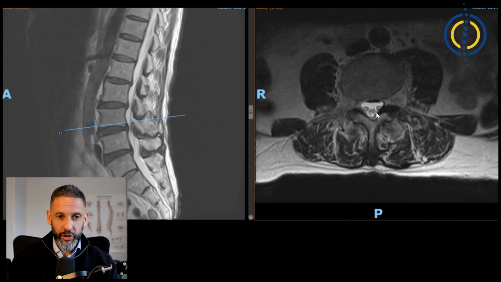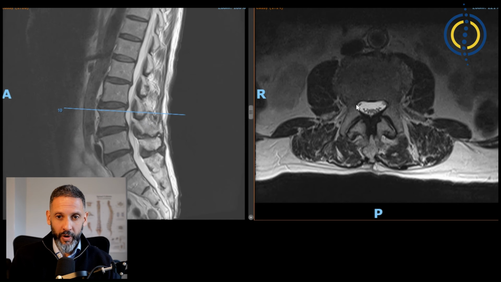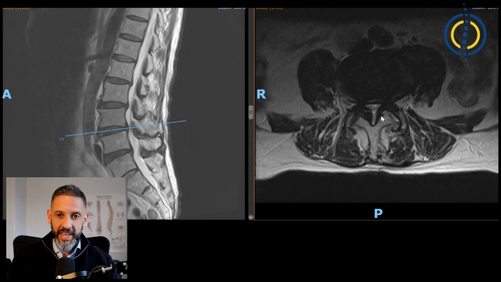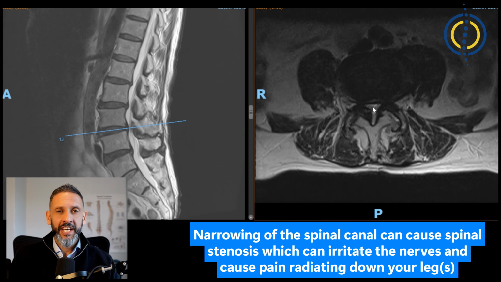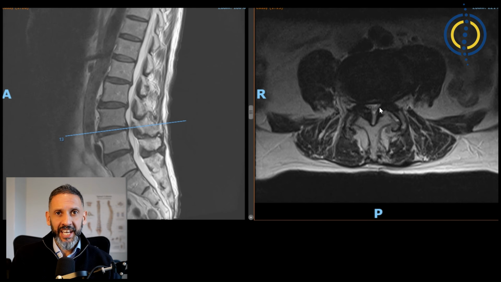This is what it should look like at the level above, nice and wide and open with lots of room around the nerves. But at this level where there is facet joint hypertrophy or severe facet joint degeneration, as well as ligament thickening, that's almost shut off completely, compressing the nerves, and this can typically give you pain radiating down one or both legs that tends to be worse on standing or walking for a period of time.